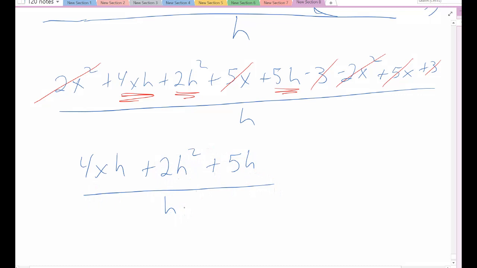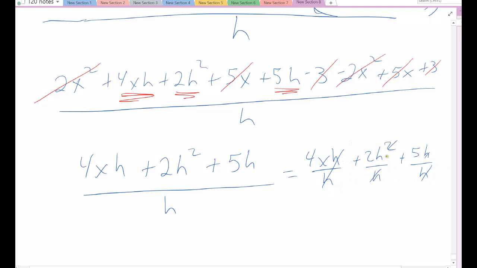And so what I can do here is reduce this. There's two ways. You can factor out the h, or I actually think for students the easiest way is to split the big fraction into 3 little ones. 4xh divided by h, 2h squared divided by h, and 5h divided by h. And then reduce. Those two h's reduce to 1.